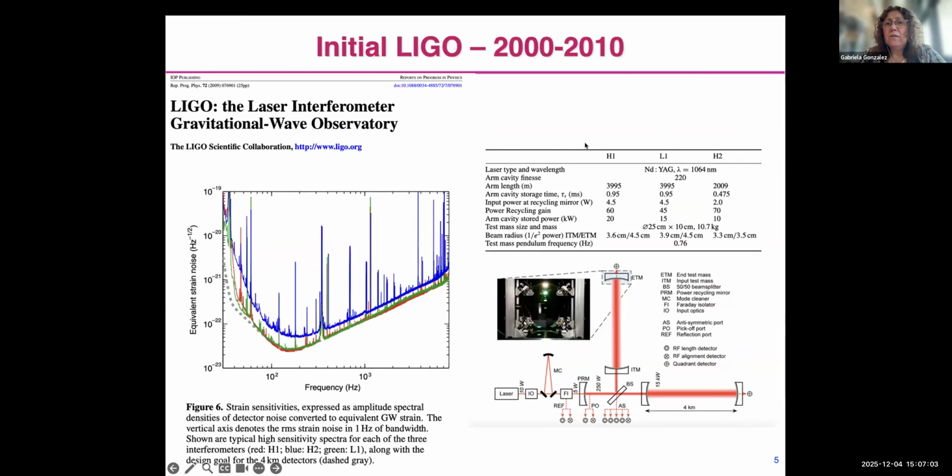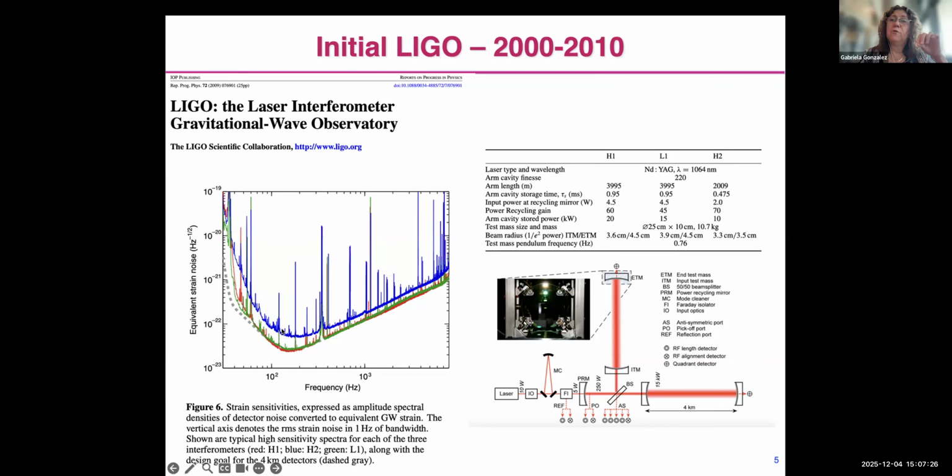So, initial LIGO operated between 2000 and 2010, and it achieved its design sensitivity. This is the measured noise as a function of frequency. This is the amplitude spectral density in strain. You can see that it is what was promised. The dash behind was what was promised in the two 4-kilometer detectors.